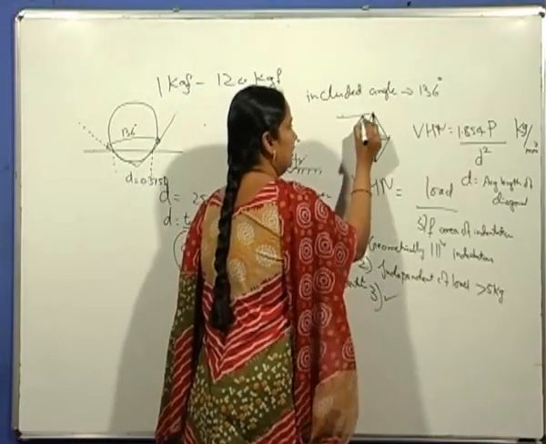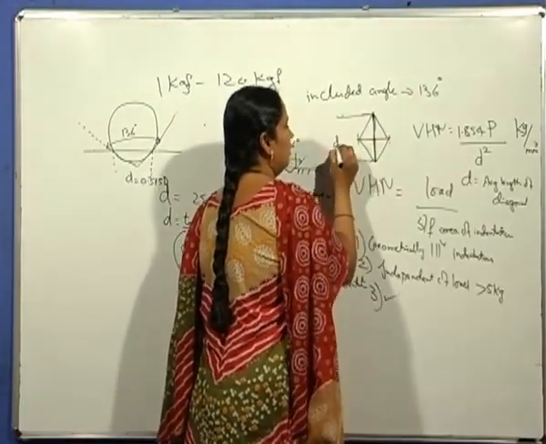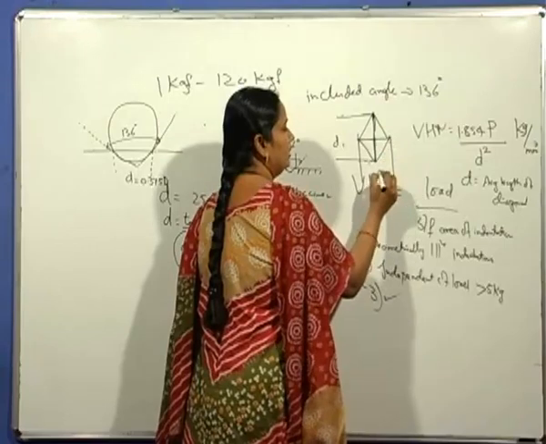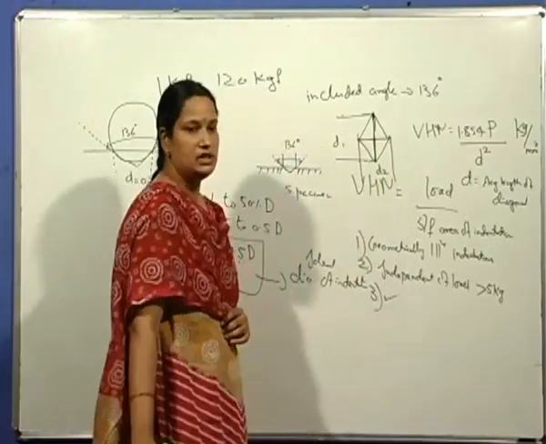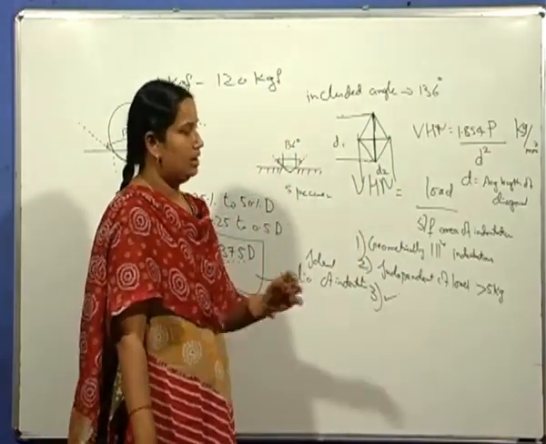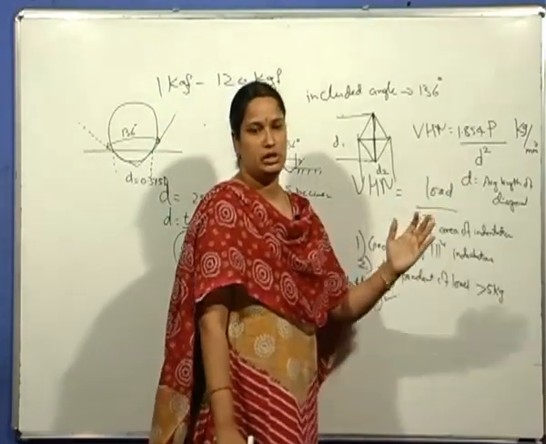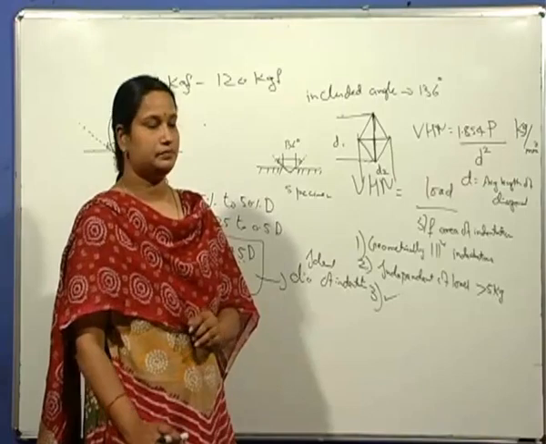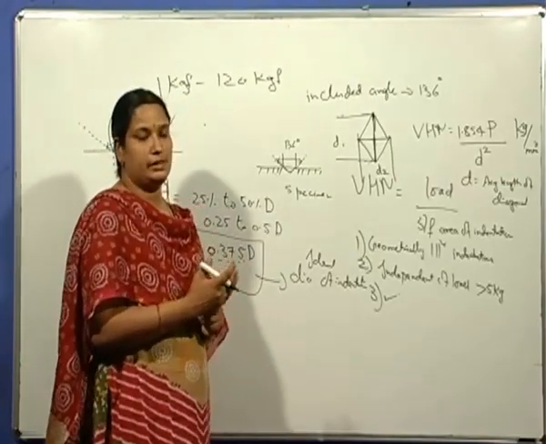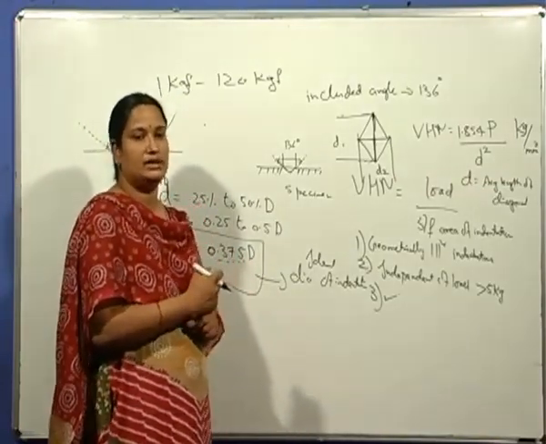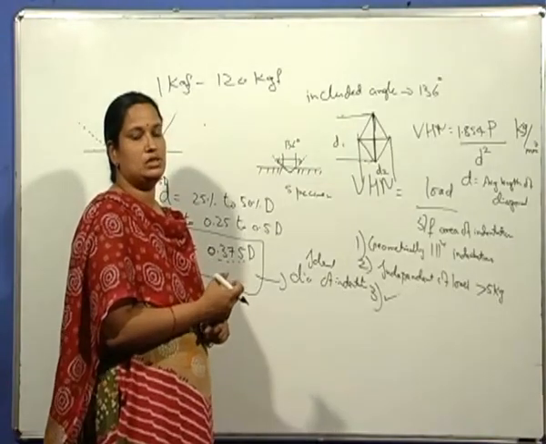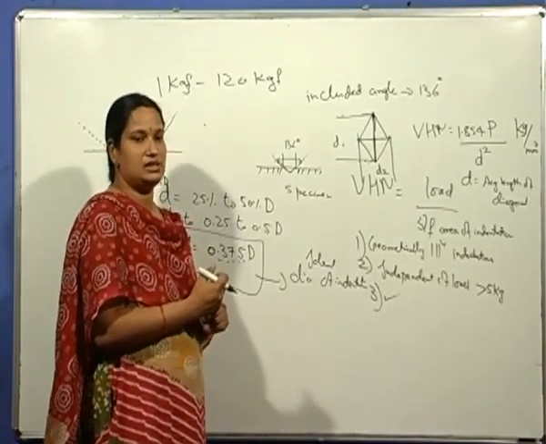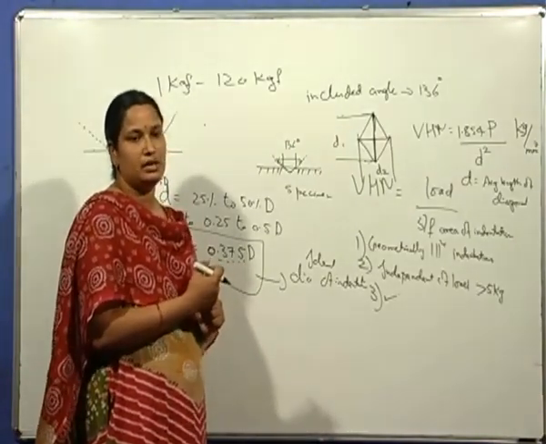This is diagonal 1 and this is diagonal 2. Then the average of these two diagonals is taken and substituted in the formula to get the Vickers hardness number. So this test is somewhat slower when compared to the other hardness tests. This is also one of the disadvantages of Vickers, and it cannot be used for routine purposes.